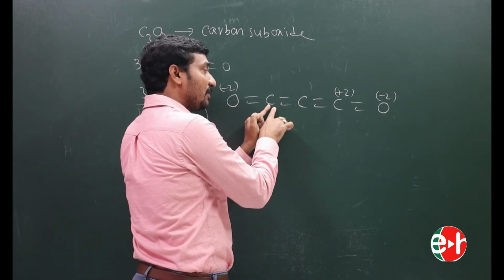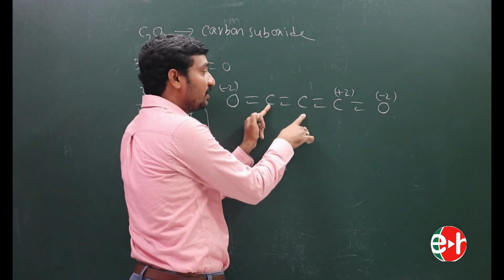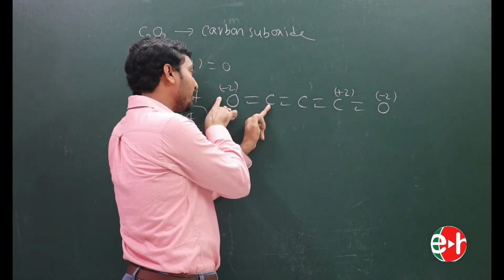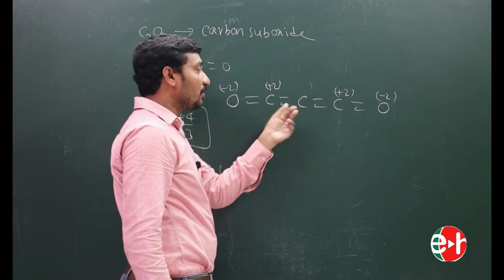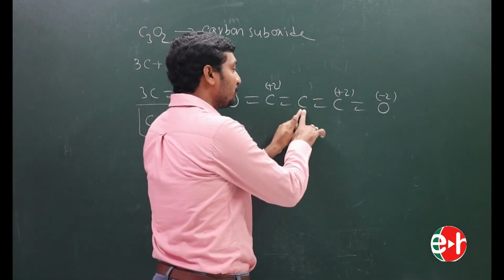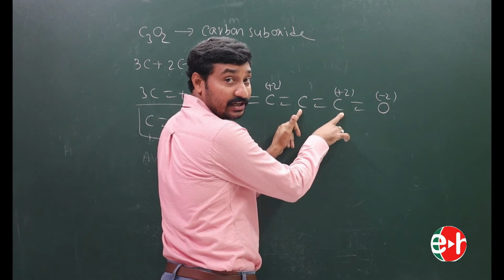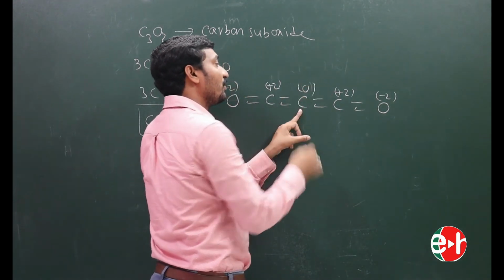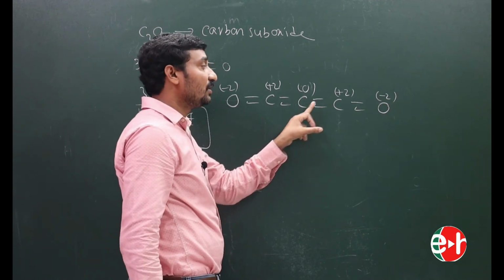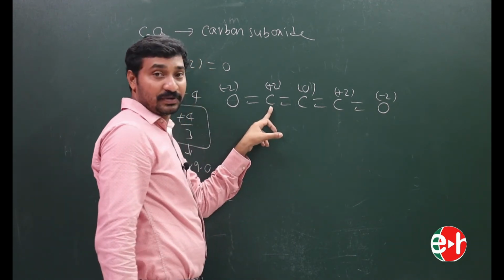Now this carbon is connected to carbon, a similar atom, so 0. So now -2, then this carbon is +2. Okay, now coming to the middle carbon. This carbon is connected to carbon, a similar atom, that's why 0. The other side is also a similar atom, 0, that's the overall oxidation state 0. So middle carbon 0, right side carbon +2, left side carbon +2.